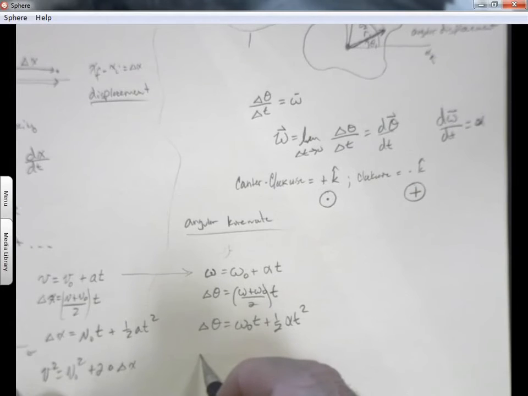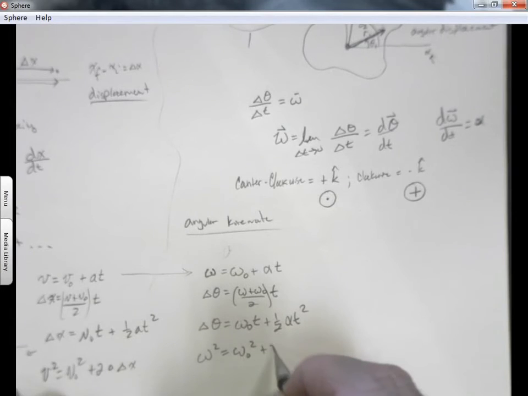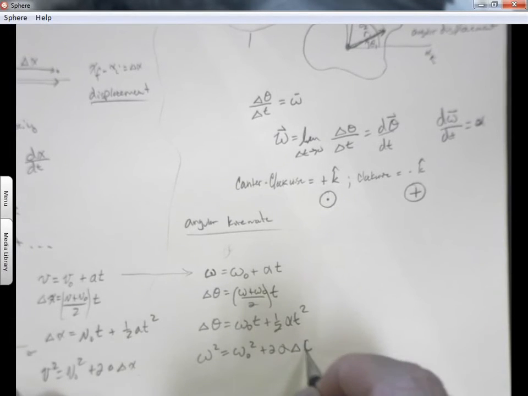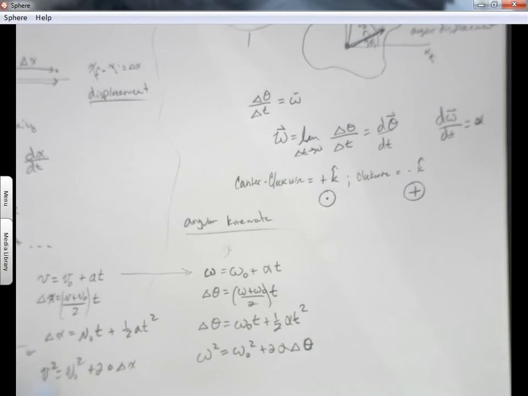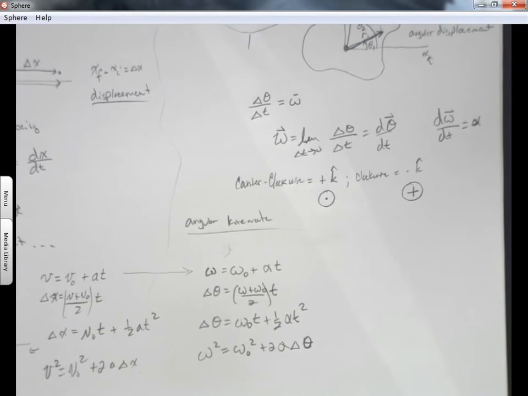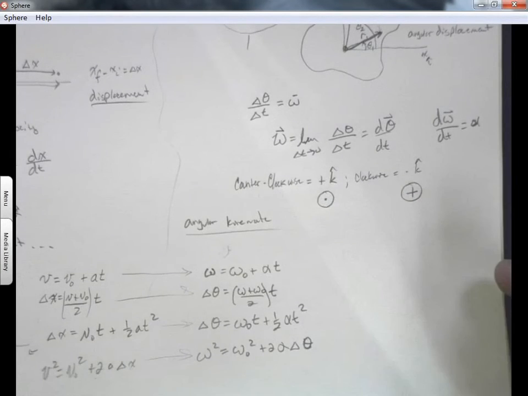And omega squared equals omega naught squared plus 2 alpha delta theta. Those equations still hold. Those are our standard kinematic equations for angular kinematics, and you can see they're almost exactly analogous to our linear kinematics. They handle the same thing, except with rotations rather than linear motion.